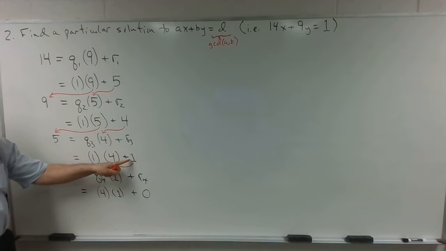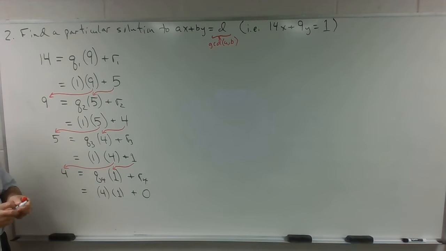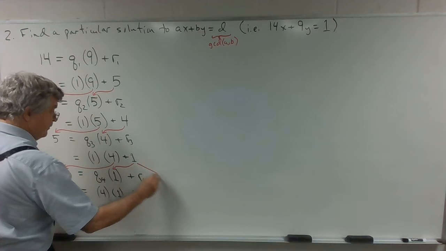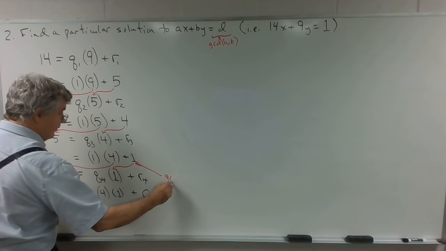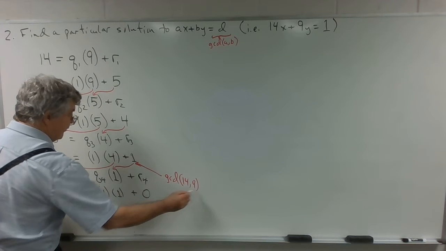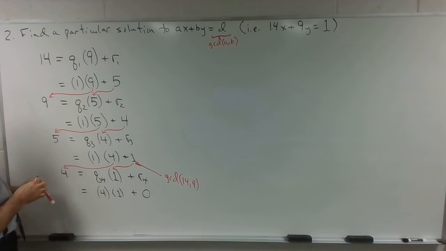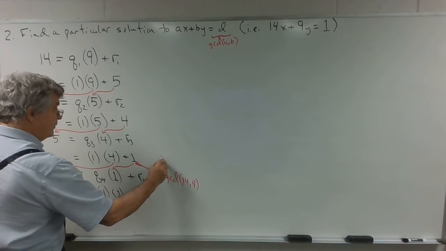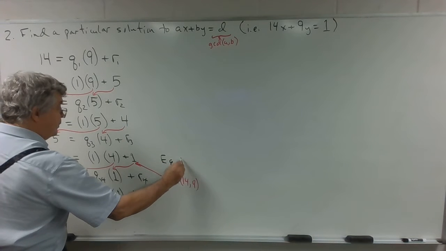The last non-zero remainder is the greatest common divisor of 14 and 9. And we'll call this equation 1.